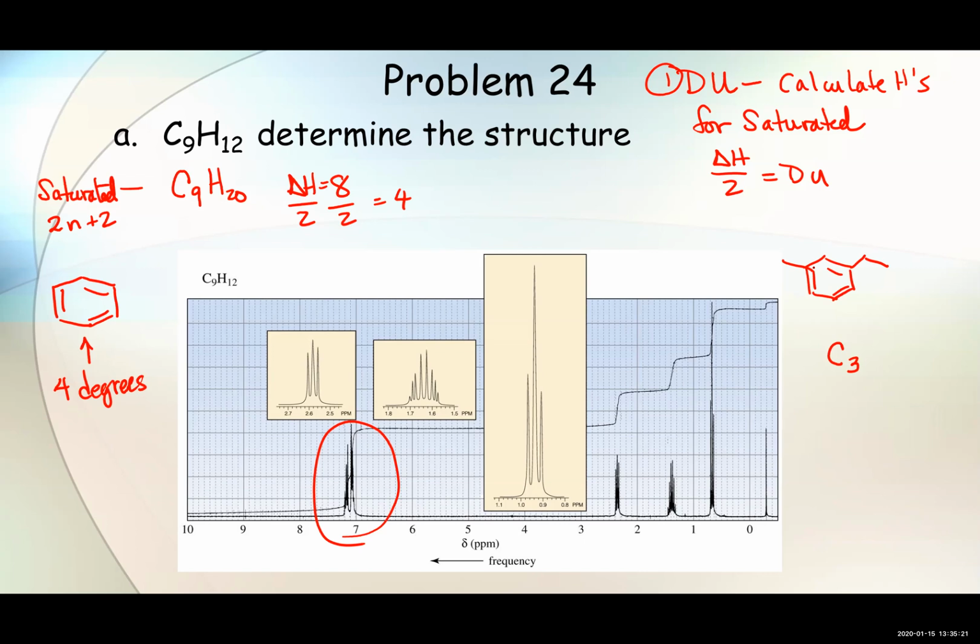The reason is that on this carbon on the ring, there's no neighboring hydrogen. So anything attached directly to the ring on one side never has any hydrogens, and if it's a single carbon, it has to be a singlet. So when I saw that, I decided that all 3 of these must be together because there are no singlets in the compound.